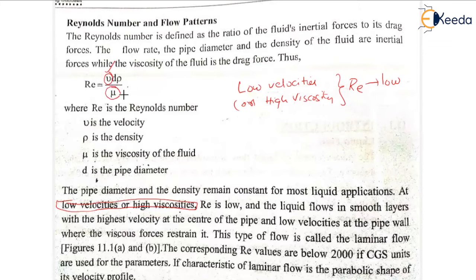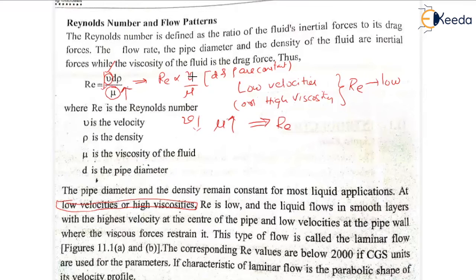High viscosity, mu value is high. What happens? As Re is proportional to v by mu, where d and rho are constant, if v reduces and mu increases, what happens to the Re value? You can see v is in the numerator and mu is in the denominator. As mu increases, Re value decreases.